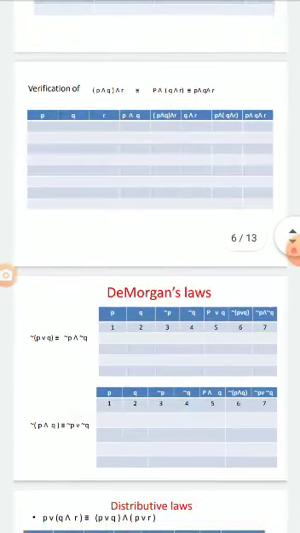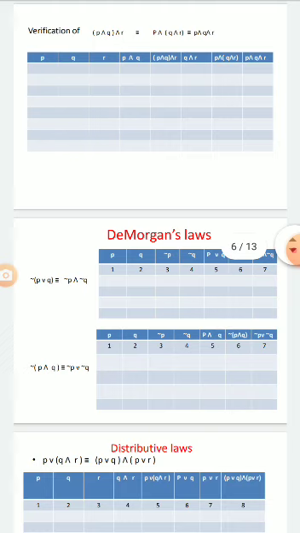Then De Morgan's laws, one for intersection and the other for union, like that, one for conjunction and the other for disjunction. So that shows that negation of the disjunction of two statements is equivalent to the conjunction of their negations.